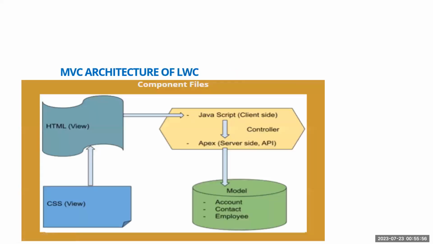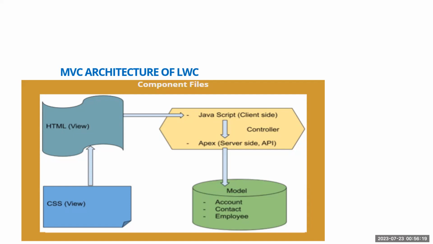Okay, let's move on to the next part. MVP architecture of LWC. When we are creating LWC, there are three files created by default. First one HTML, second one JavaScript, and third one is XML.